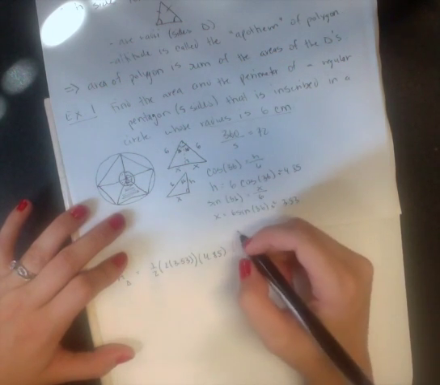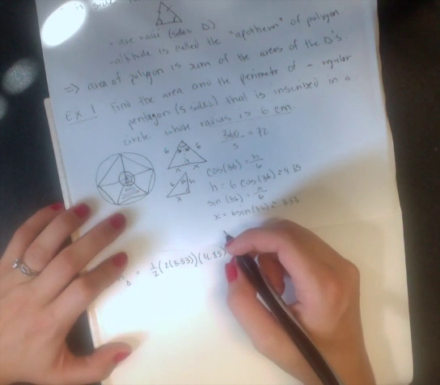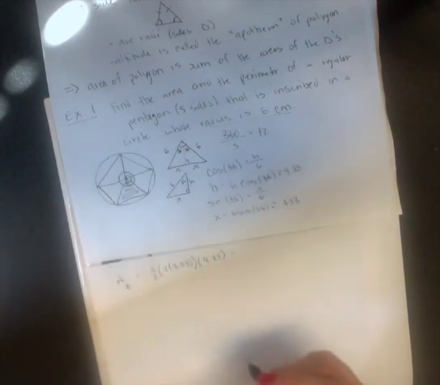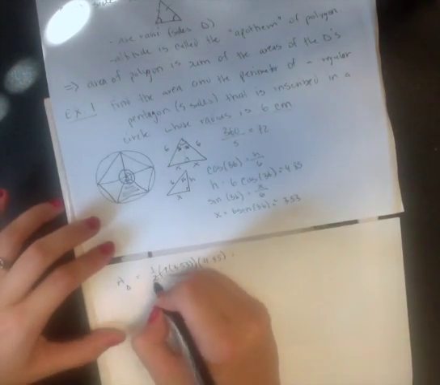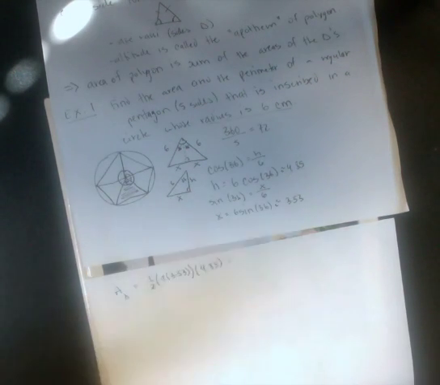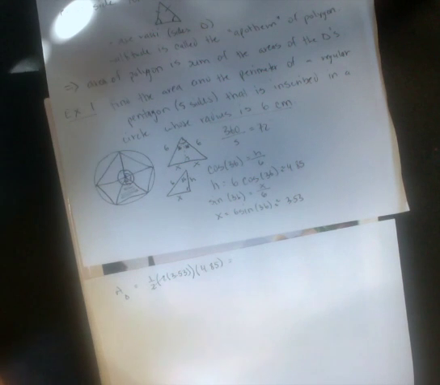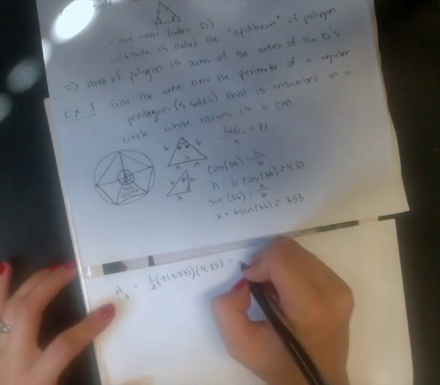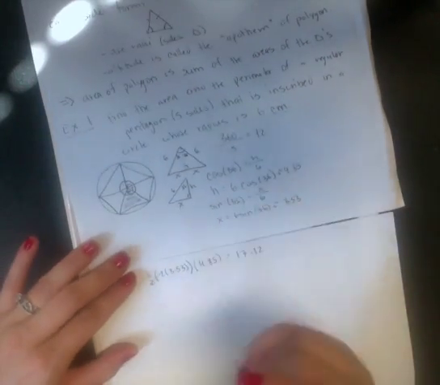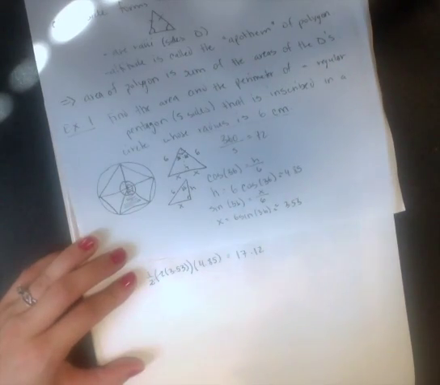This gives me, these cancel, and we'll have 3.53 times 4.85 gives me 17.12. That is the area of this shaded triangle.